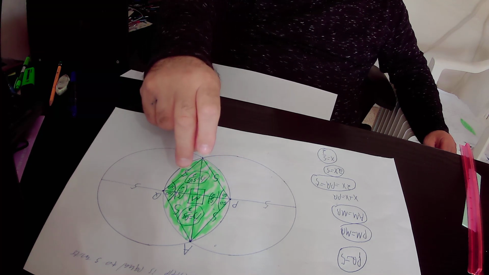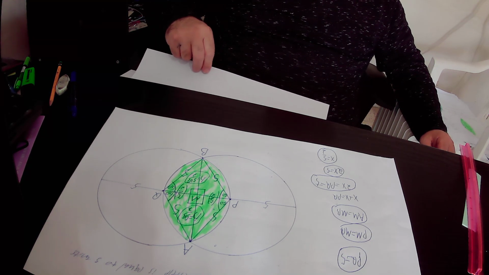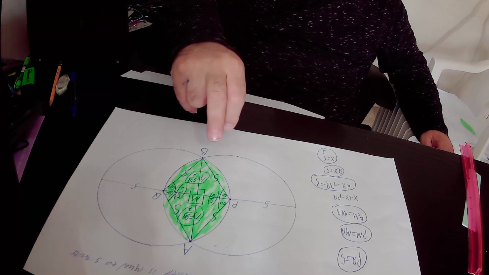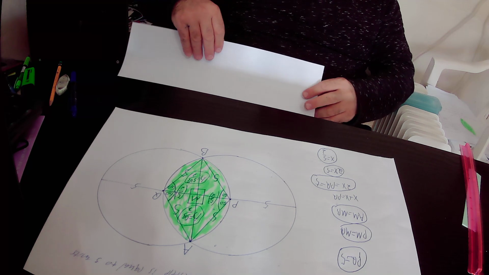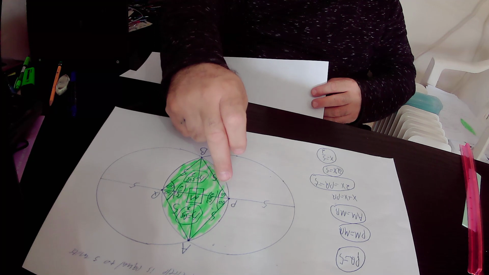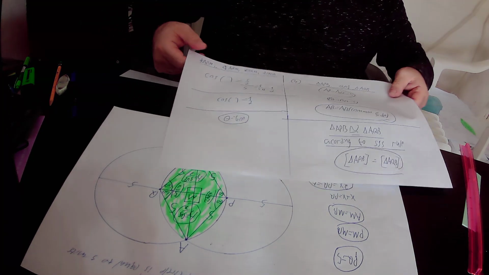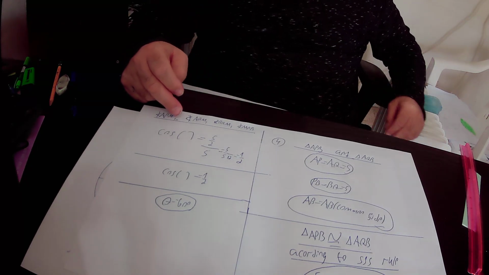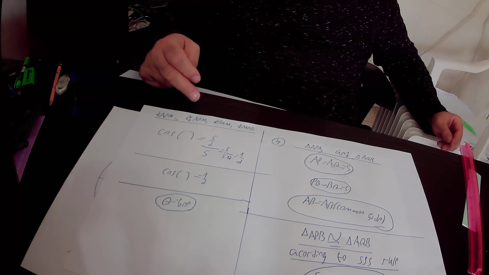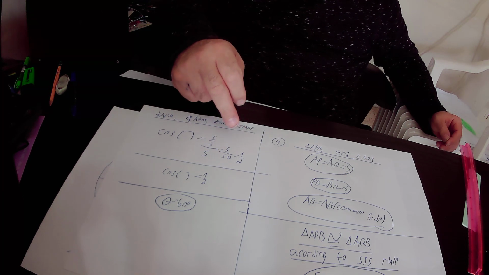In each one of those 4 angles, the cosine will be equal to 5 over 2 over 5. 5 over 2 over 5 is 5 over 5 times 2, and 5 over 5 is 1.